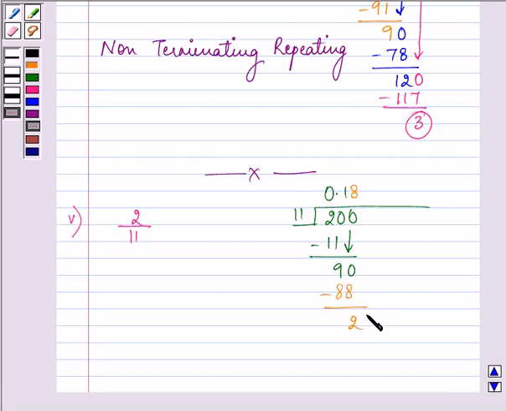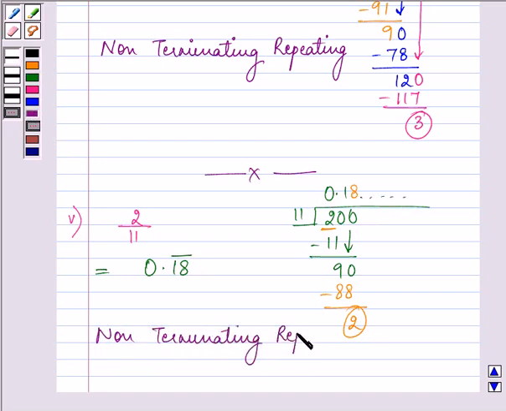We're left with remainder 2, which is repeating itself. Since it is repeating, we can have the answer as 0.18, and this procedure will repeat on, so we can put a bar, and it will be a non-terminating repeating decimal.